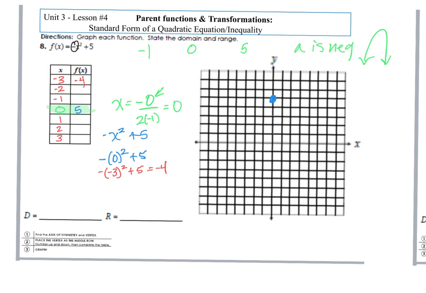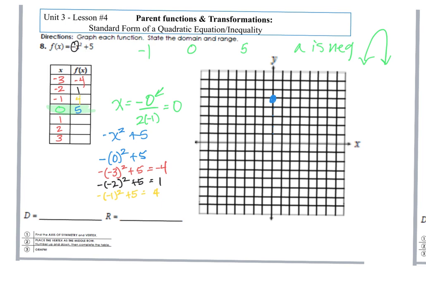Then next I'm plugging in -2, so I have negative, then -2 in parentheses squared plus 5, which equals 1. Next we'll plug in -1 for x, so negative, then -1 squared plus 5 equals 4.